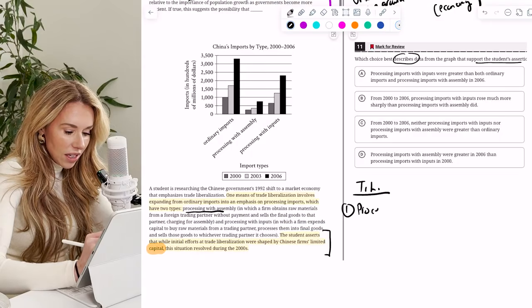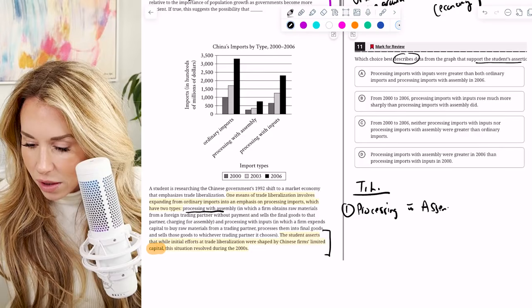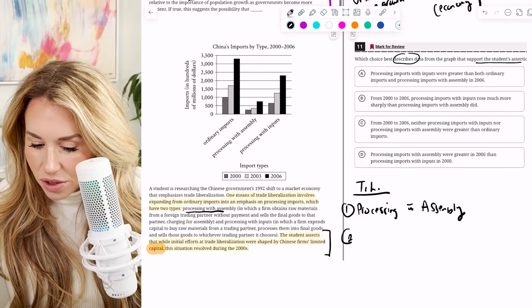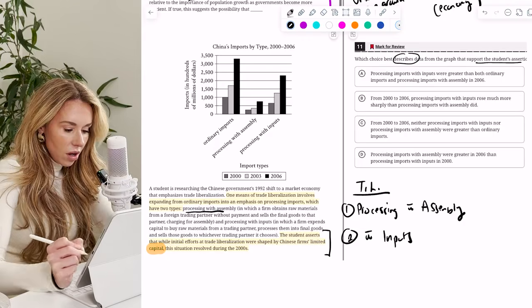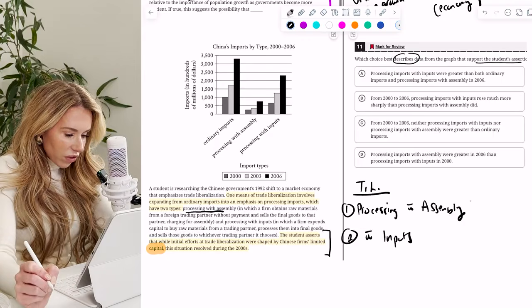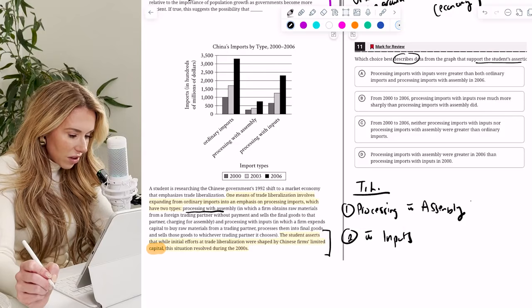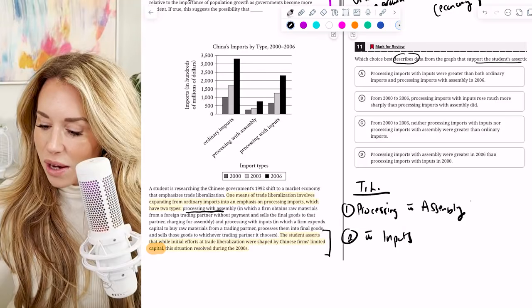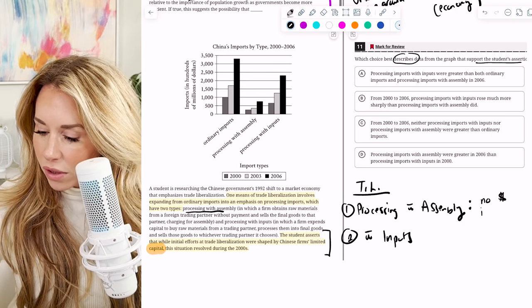There's processing with assembly, and then there's processing with inputs. So with assembly, in which a firm obtains raw materials from a foreign trading partner without payment and sells the final goods to that partner, charging for assembly. So with assembly, basically, there's no money involved.